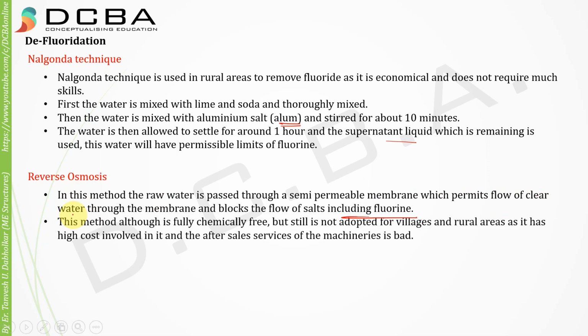Although this method is fully chemical free, it is still not adopted for villages and rural areas, as it has a high cost and the after-sales service of the machinery is bad. It requires machinery obviously to pass that water through the semi-permeable membrane, and that's it.